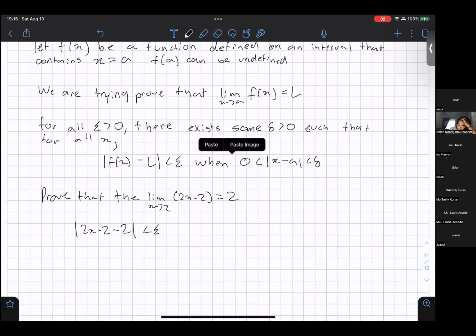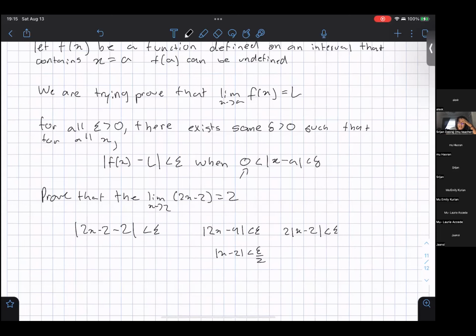So we can rewrite this as the absolute value of 2x minus 4 less than epsilon. And then we can pull out a 2. This is 2 times, sorry, x minus 2 is less than epsilon. And therefore, the absolute value of x minus 2 is less than epsilon over 2.